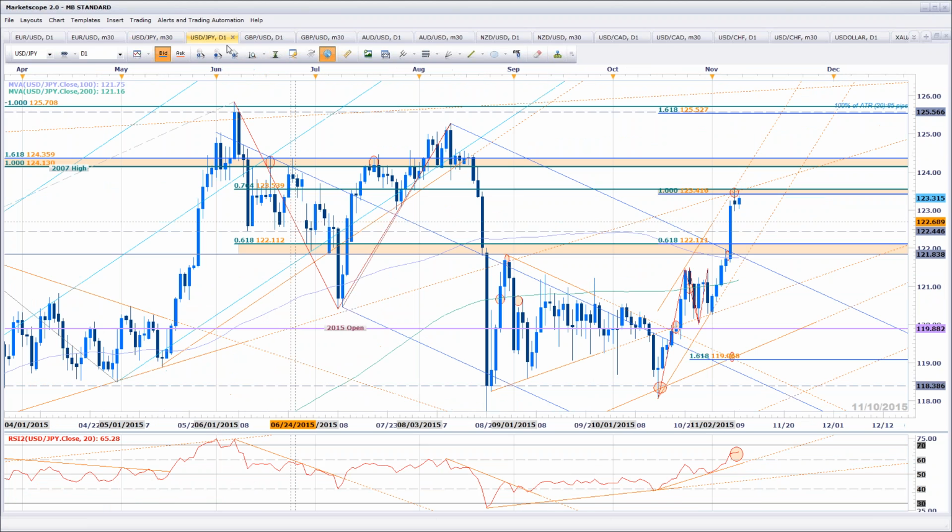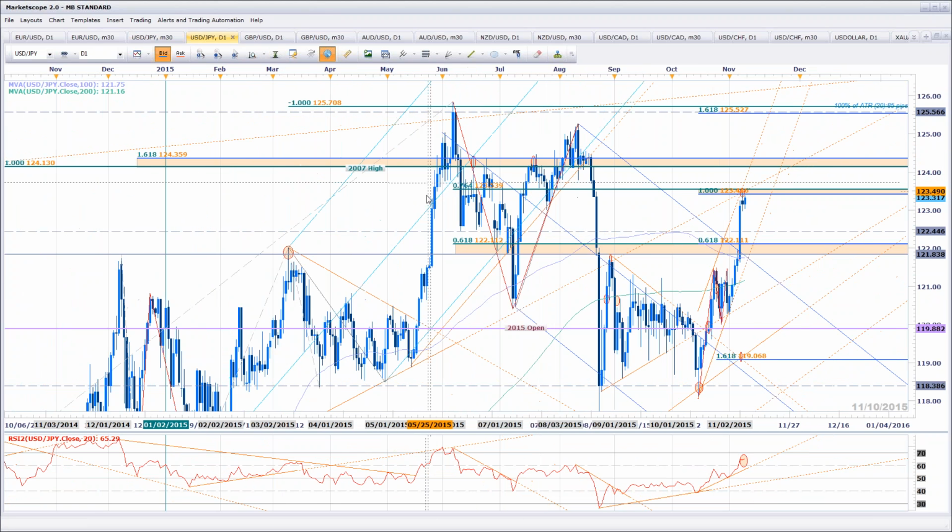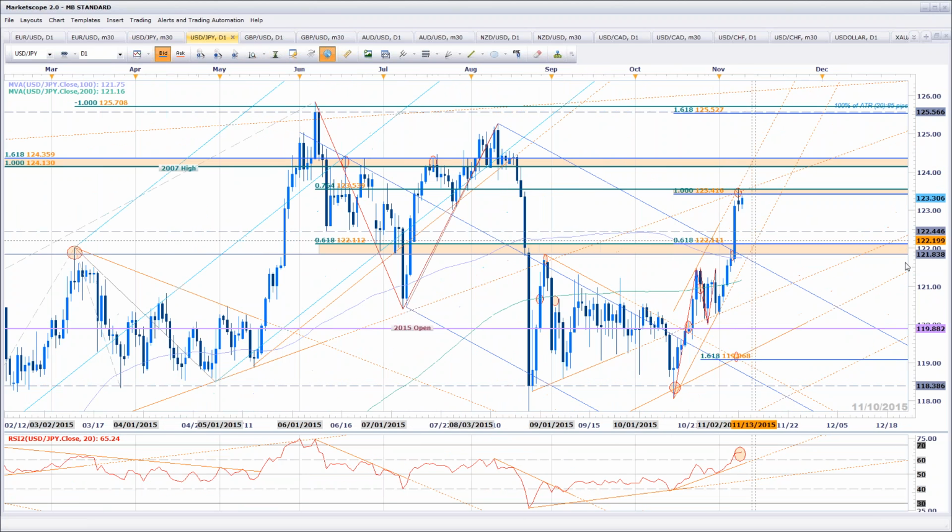Major critical resistance here. If this breaches 124.13, 124.35, we've been watching this region for feels like years at this point. Nice pivot structures. You're looking at the 2007 highs, a 161.8 extension from the advance off that December low. Really big region.